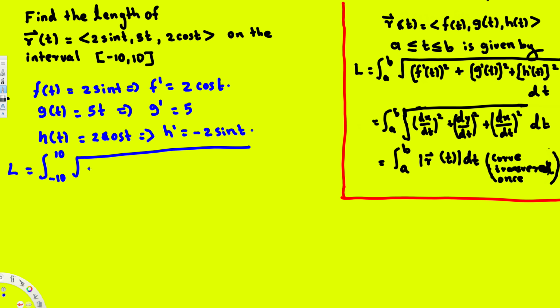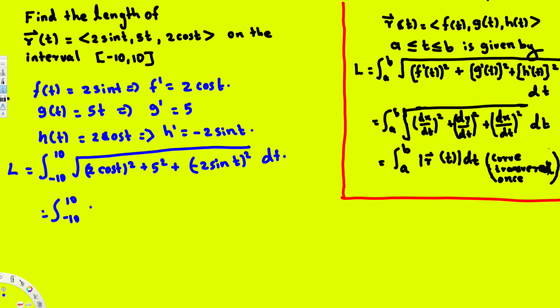So this is going to be (2 cos t) squared plus 5 squared plus (negative 2 sine t) squared dt. Now let's simplify this one. The first approach in this kind of thing is we should look at trigonometric identities. If you cannot find something like that, then we have to think about u substitution.